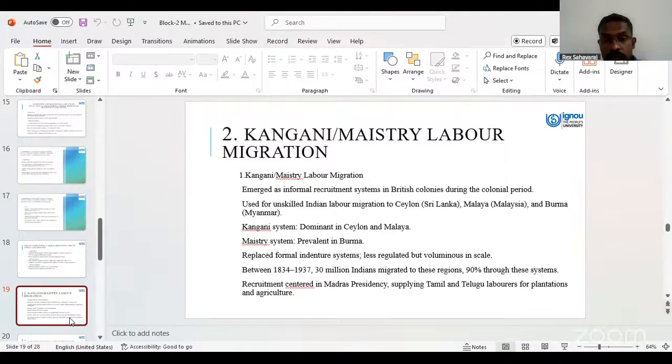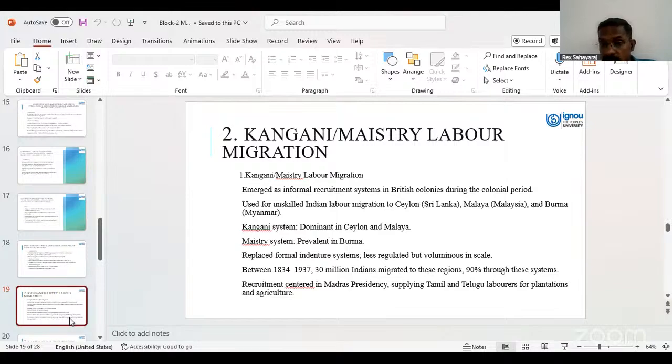It replaced the formal indentured system, less regulated but voluminous in scale, right? So it means that regulation is less in the Kangani system, right? Between 1834 and 1937, 30 million Indians migrated to these regions.